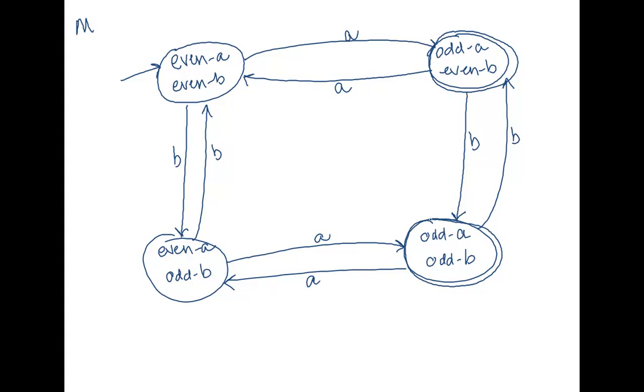And notice this state here is already final, because machine A would have accepted there, and we're going to keep that. Or here, we have an even number of B's in the start state. Notice that the only state we don't accept in is when we have an even number of A's and an odd number of B's.